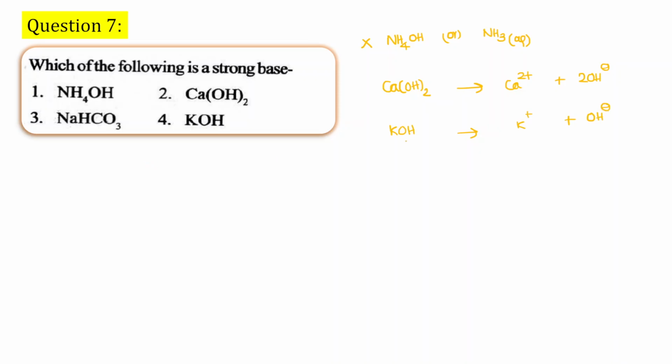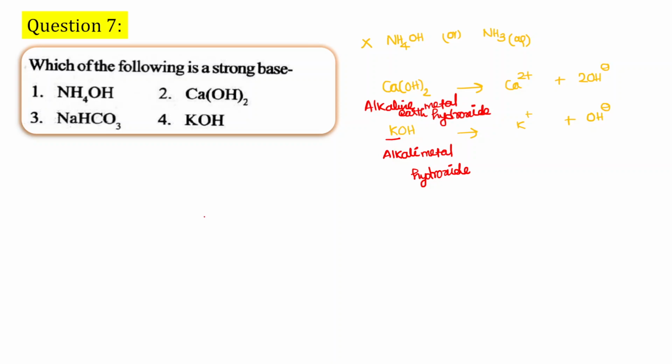If you compare these two, one hydroxide is formed from an alkali metal, the other from an alkaline earth metal. This is an alkali metal hydroxide. The other one is an alkaline earth metal hydroxide. Compared to alkaline earth metal hydroxides, we say alkali metal hydroxides are more basic.